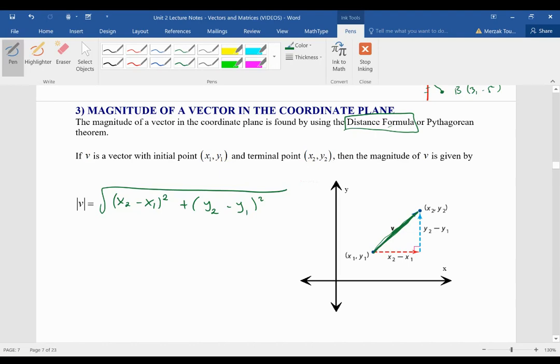Now, it is also correct to say x1 minus x2, y1 minus y2. Because it is squared, it won't make any difference whether you do x2 minus x1 or x1 minus x2. So we can use this distance formula to find the magnitude of a vector in the coordinate plane, given the coordinates of the initial point and terminal point. We can also use Pythagorean theorem.